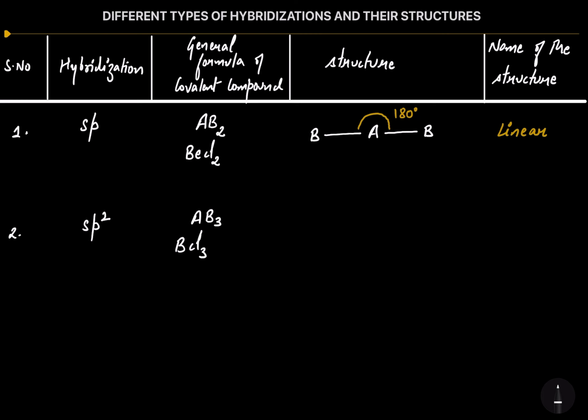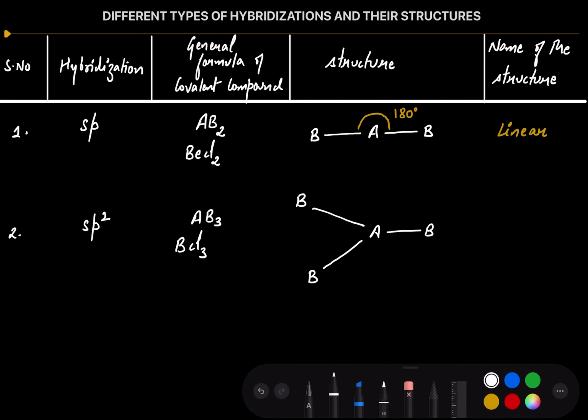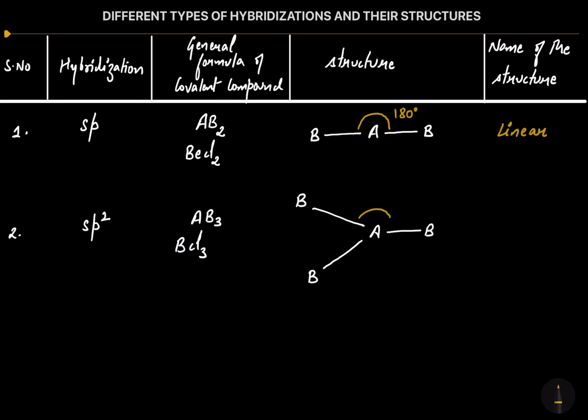So what will be the structure of AB3? That's our central atom A, that's B over here, and a third B over here. So here the bond angle is 120 degrees, and this structure is known as trigonal planar structure.